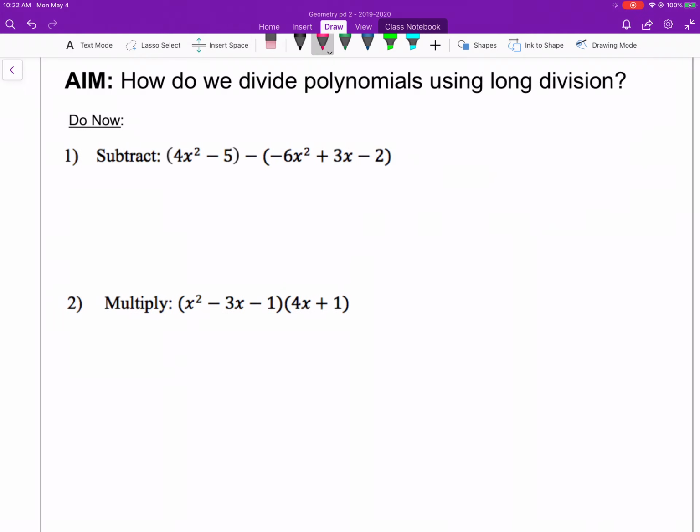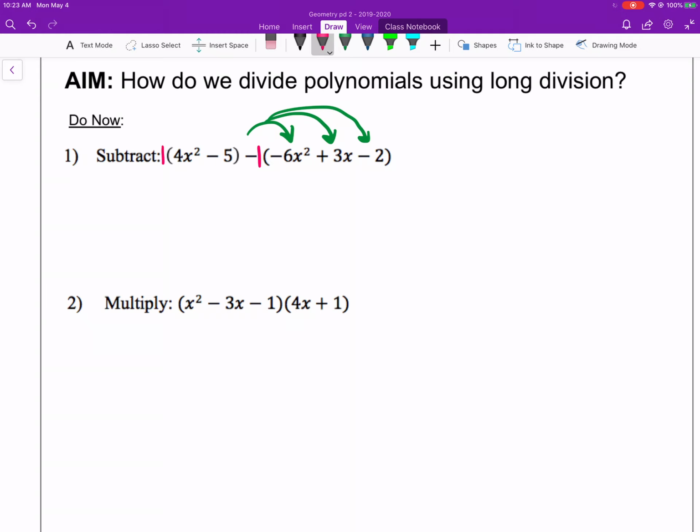Remember, we have subtracting a full trinomial here, because it's subtracting and then parentheses. Remember, we treat it like that's a -1 in front, and we're distributing to all the terms inside the parentheses. What that means is all the signs are just going to change. So if it's negative, change it to positive. If it's positive, change it to negative.